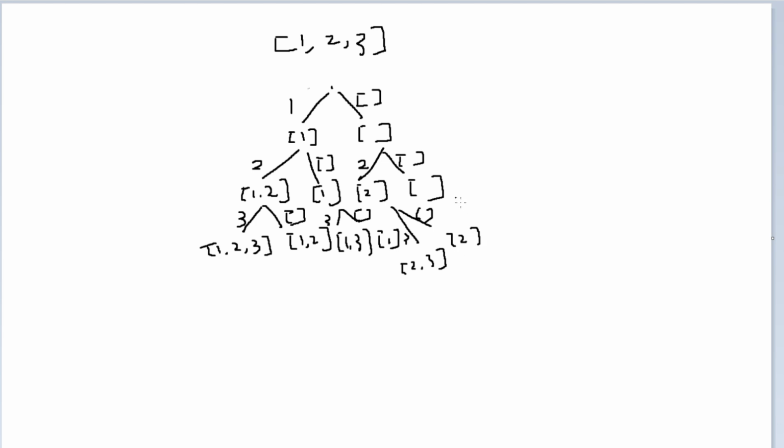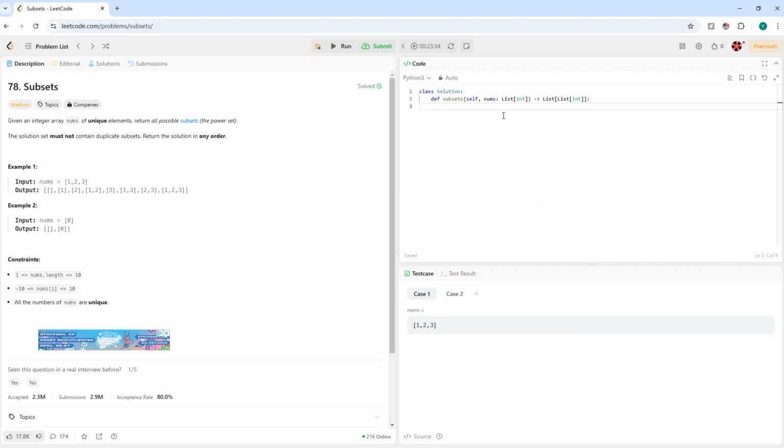Single 2. And empty. And for the last branch, we'll have 3 and empty. So we will have 1, 2, 3, 1, 2, 3, 1, 2, 3, 2, 3, and empty. 8 subsets in total. So let's do this with backtracking.